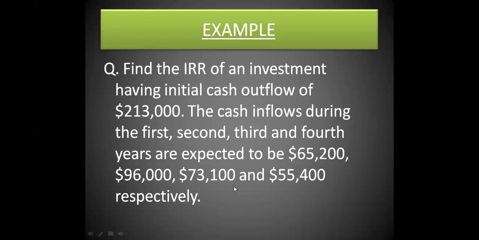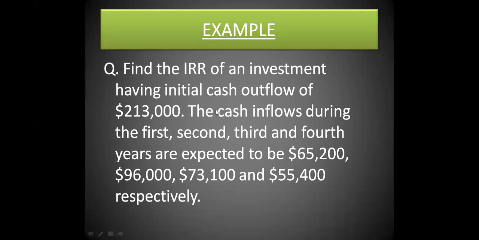So this is the example in which we have to find the IRR of the investment, which has an initial cash outflow of 2,13,000, and the cash inflows during the first, second, third, and fourth years are expected to be 65,200, 96,000, 73,100, and 55,400 respectively.